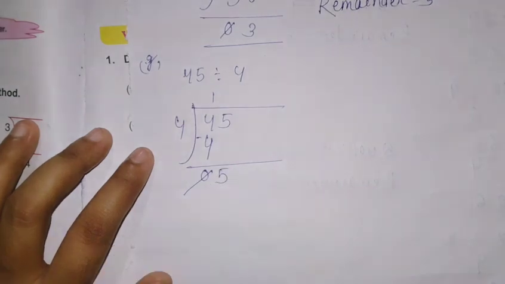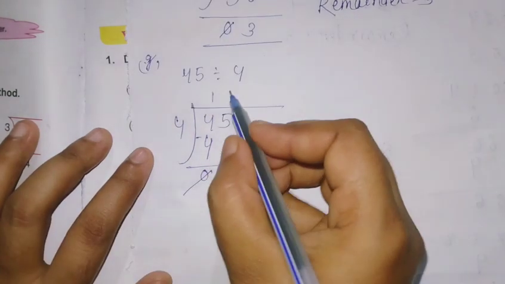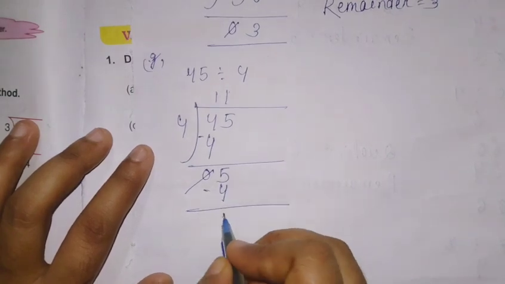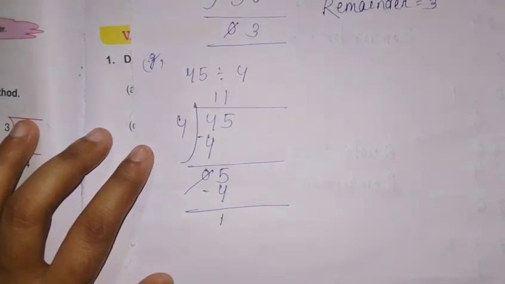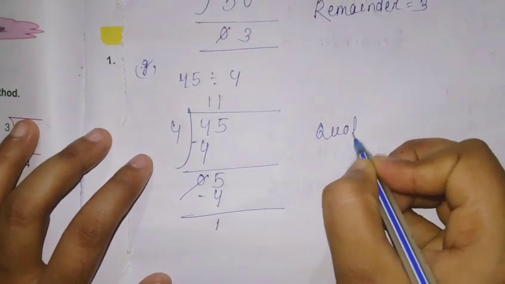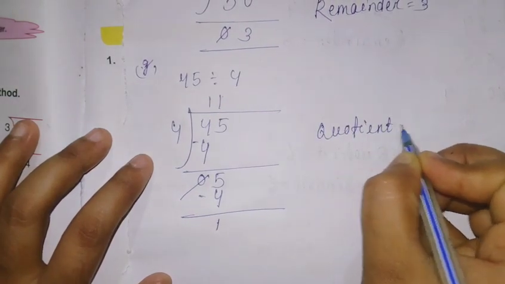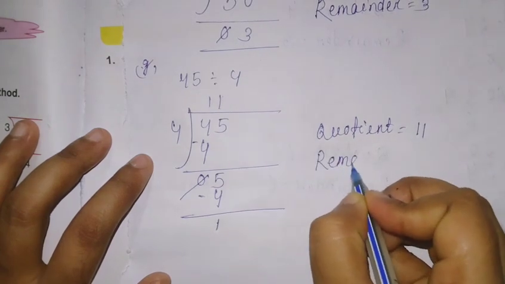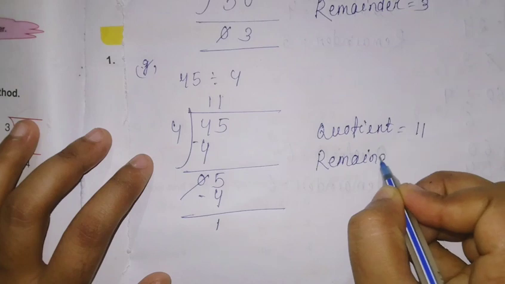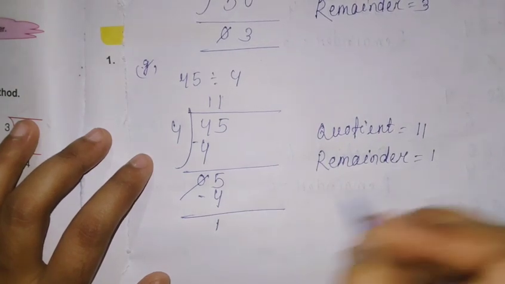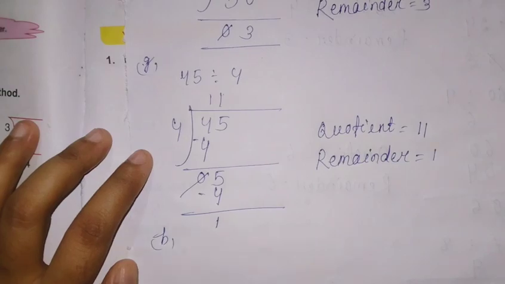Then 5. 4 ones are 4. Then 5 minus 4 equals 1. Here quotient equals 11 and remainder equals 1.